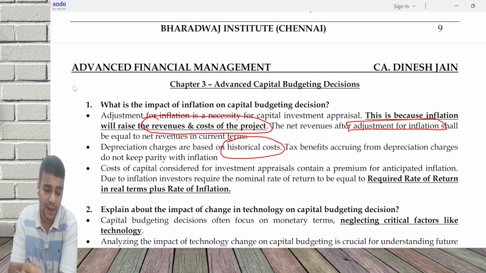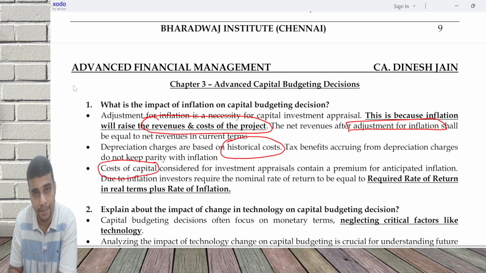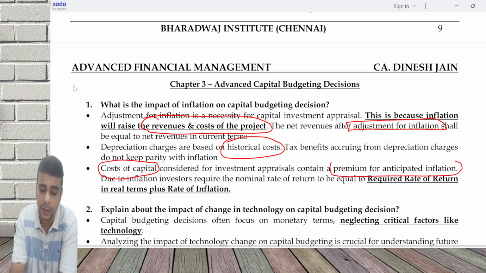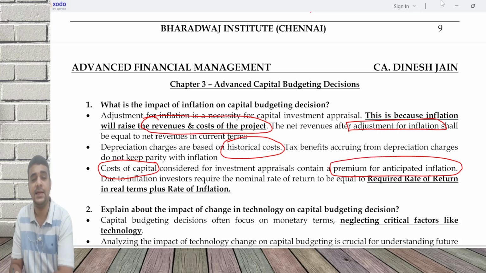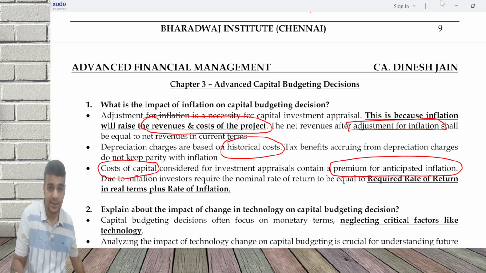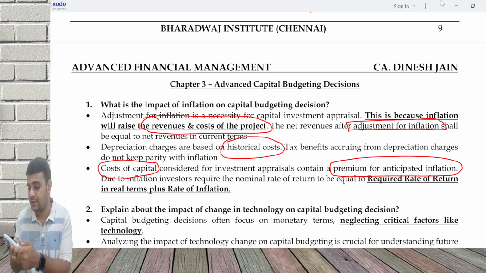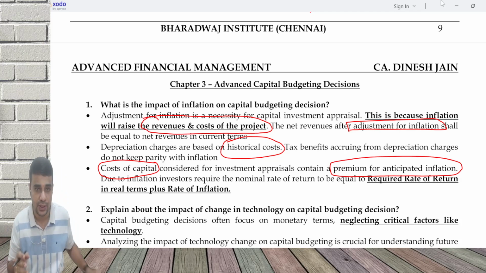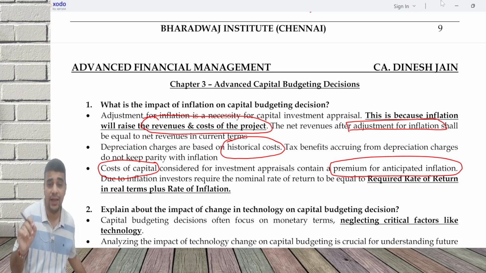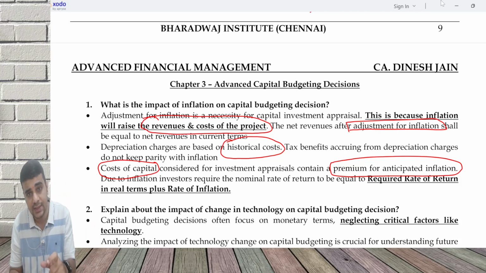whatever cost of capital an organization is considering, that is the discount rate, it is critical that we include a premium for the anticipated inflation. In simple words, whatever discount rate an organization is using should be the real discount rate plus the impact of inflation.